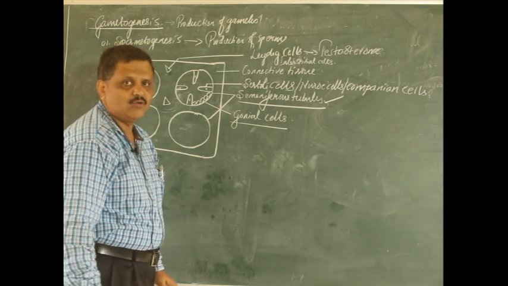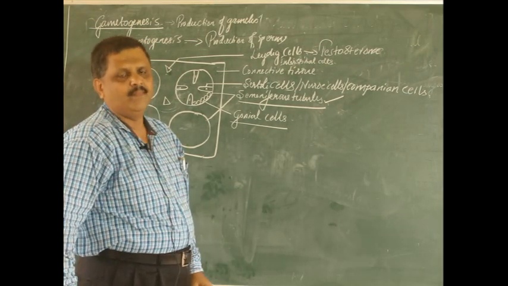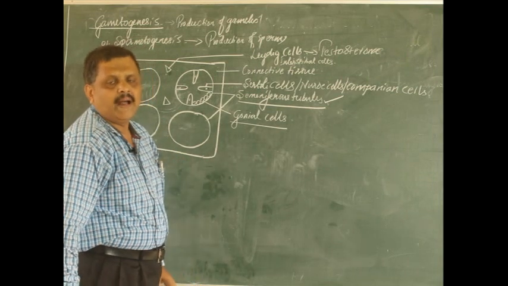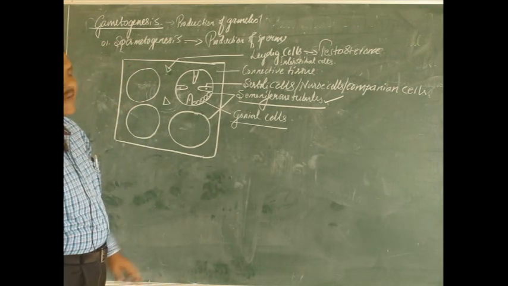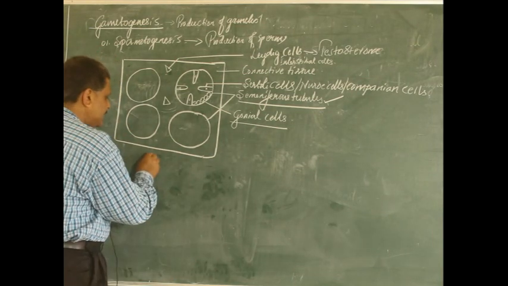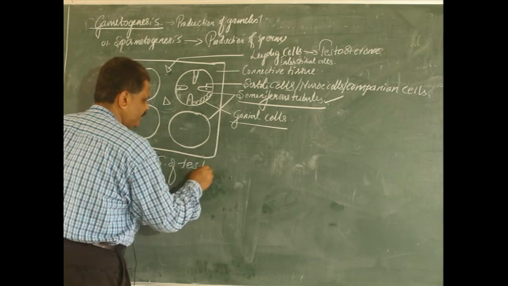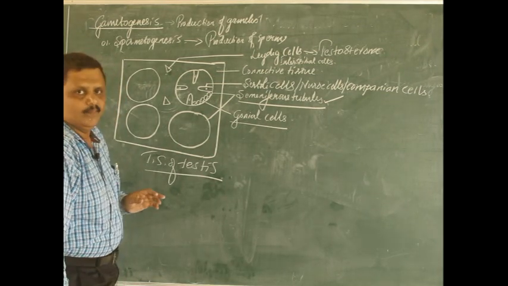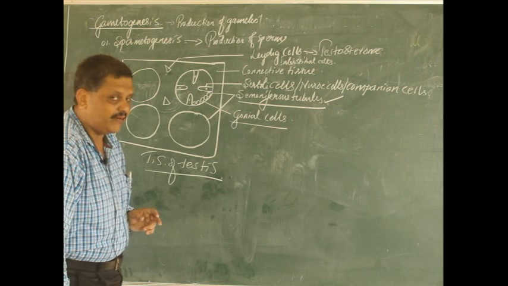Today we learned about the female reproductive system and also external genitalia, and also the mammary gland and the TS of testis, the transverse section of testis. Out of this, today I explained many things which are important for 5 marks.